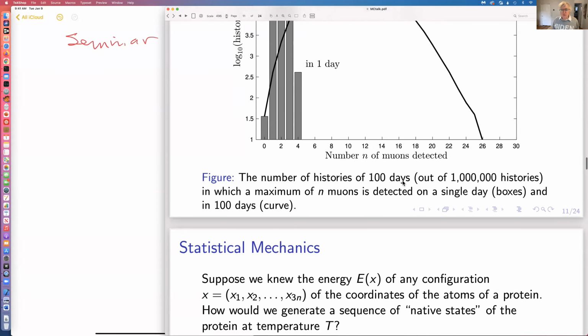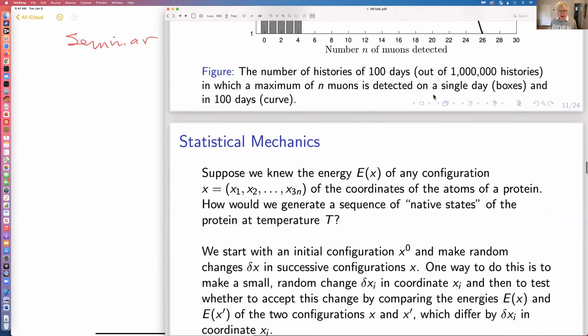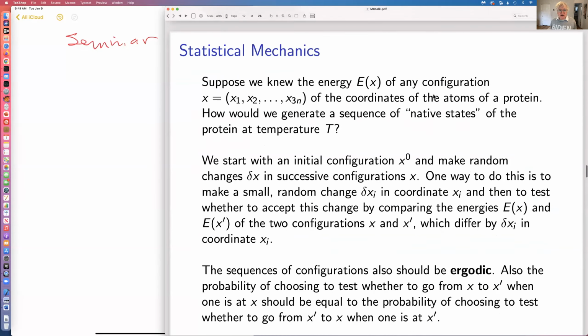Anyway, this is just an example of the use of Monte Carlo in experimental physics. Of course, what actually takes place at the LHC and neutrino detectors is much more sophisticated.